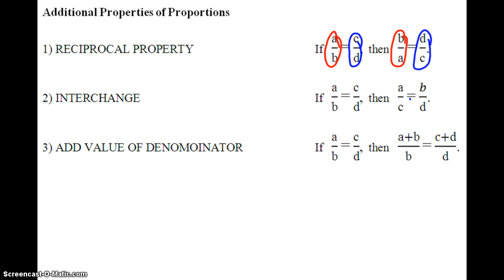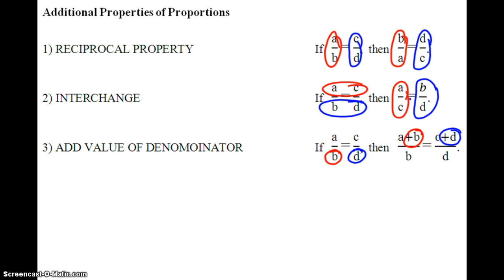We can interchange, so we can take both numerators and interchange them with one another, and both denominators and interchange them. And we can also add the value of the denominator, so this b would get added and this d is going to get added.